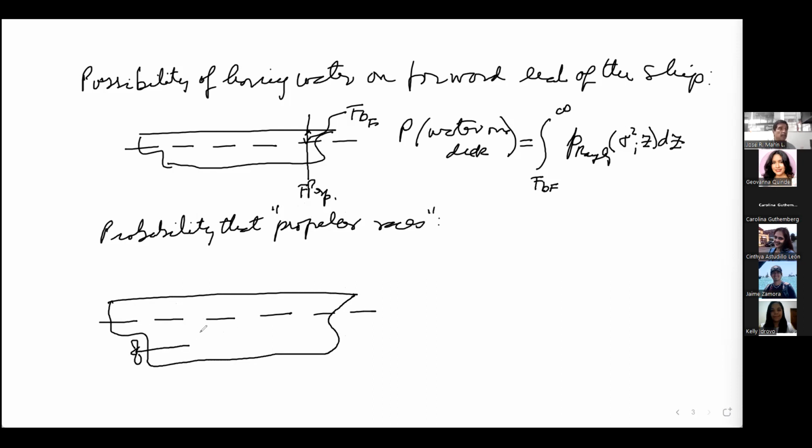In this case, depending on the author, one of the common parameters that we consider is the depth of the water at the center of the propeller. So let's call this H sub P. More or less, we could assume that the propeller is located about L/2 aft.